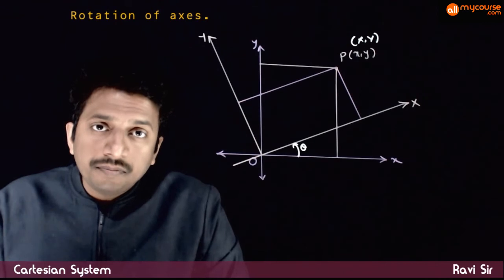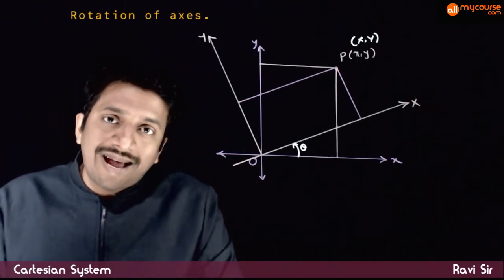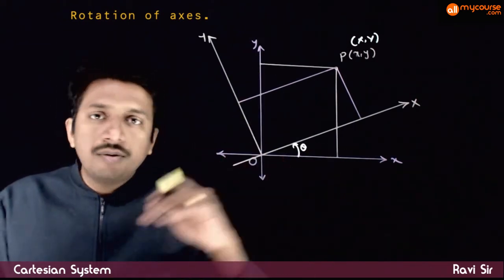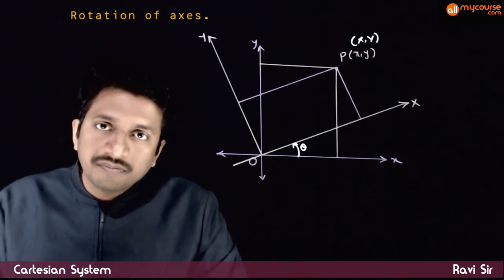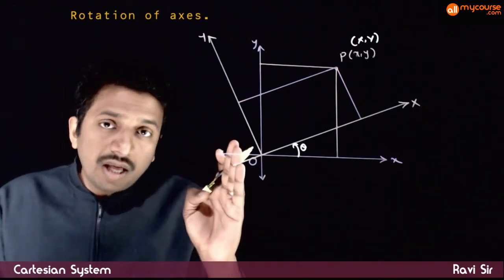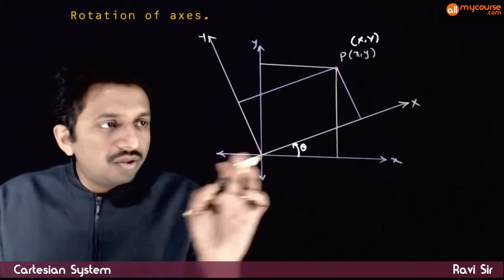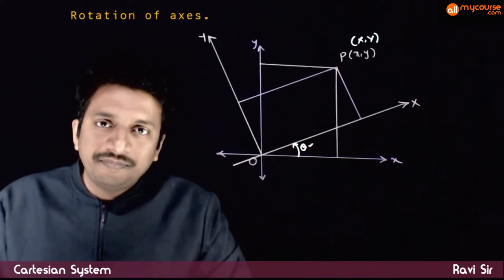In this video, let us look at the transformation which is rotation of axis. For example, let us have the original coordinate system small x, small y, and O is the origin. Now, without changing the origin, let us rotate the axis through an angle of theta. So this theta is a given angle.